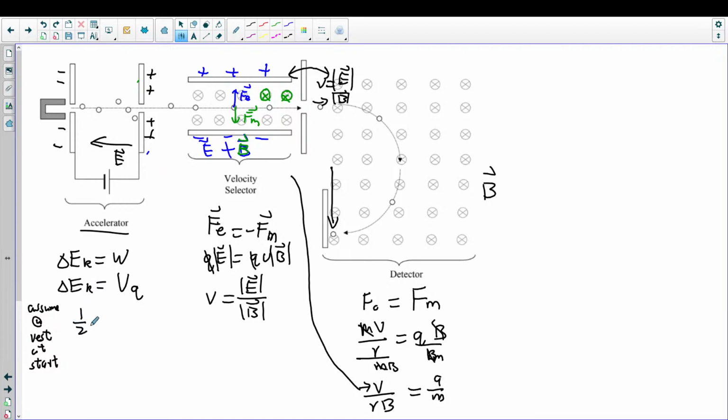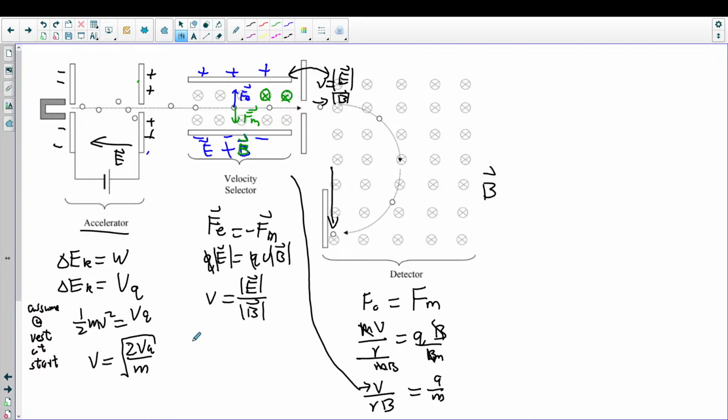So we get 1/2 mv squared equals VQ, and you can easily see the speed that will enter here. Hopefully they're the same speed. The speed will be the square root of 2VQ over m.